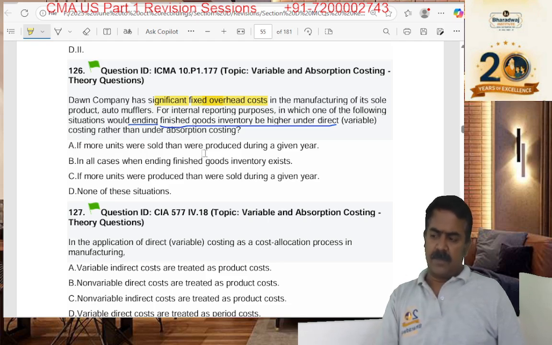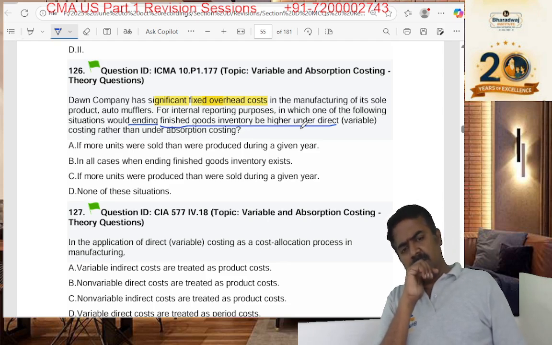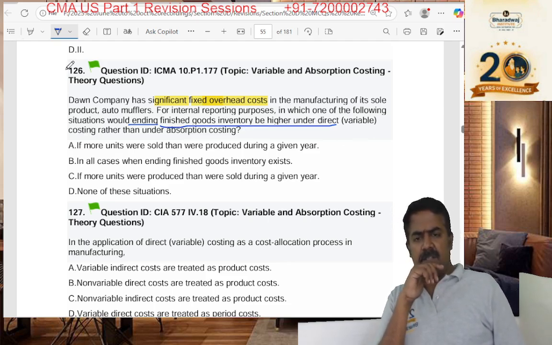What is the correct answer? Read the question. Ending finished goods will be higher in variable costing than absorption costing.